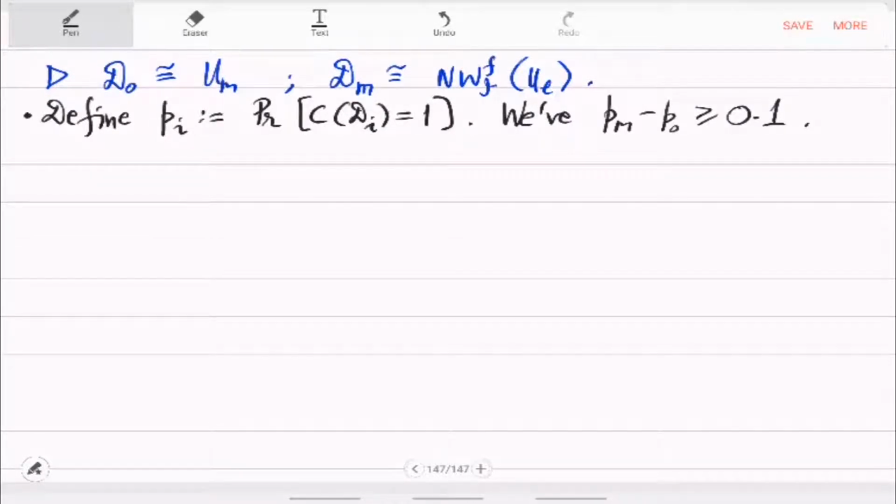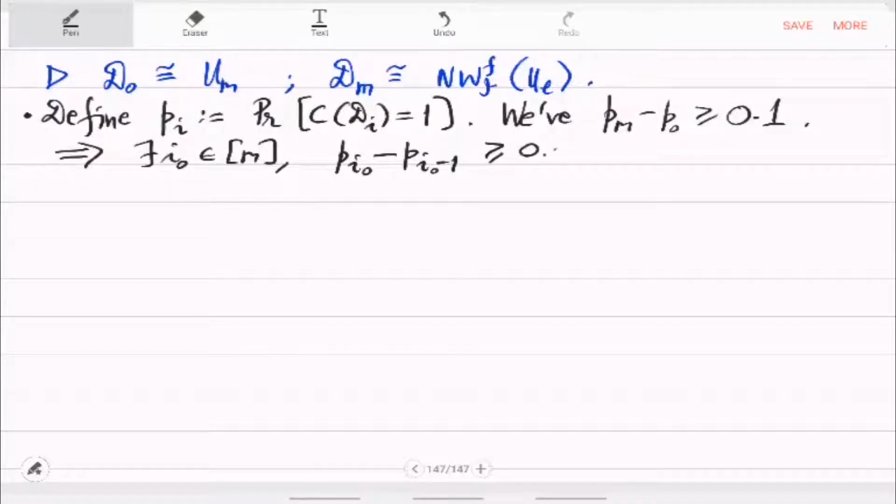So the difference of C on these two, the probability difference, is large, it's 0.1. From that you can deduce that there is an I0 such that Pi0 minus Pi0 minus 1 is at least 0.1 by m, right? This you get by averaging.